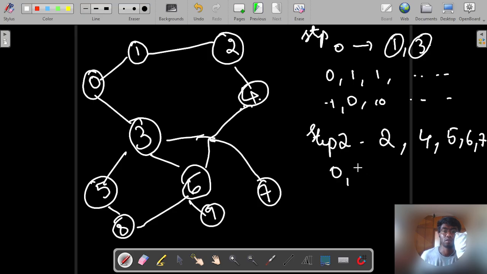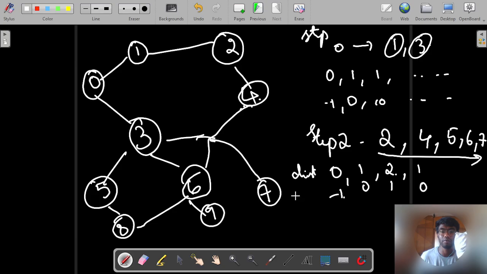Once we explore all of these elements, 0 will be -1, 1 will be 1 and 0, and element 2 will take a value of 2 and 1, and 3 will have 1 and origin 0. This is the distance and previous array.